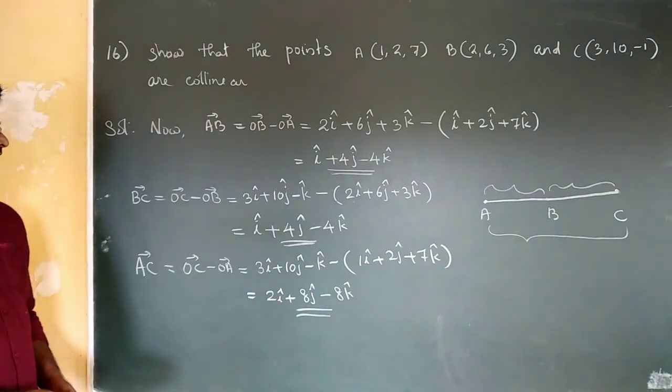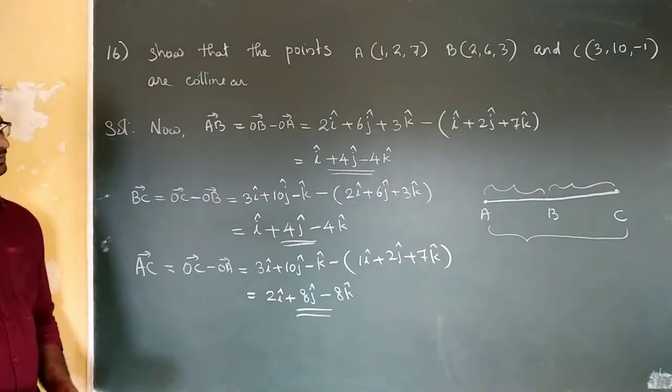Now we got AB vector, BC vector and AC vector. Now we will find out the magnitude of these 3 vectors.